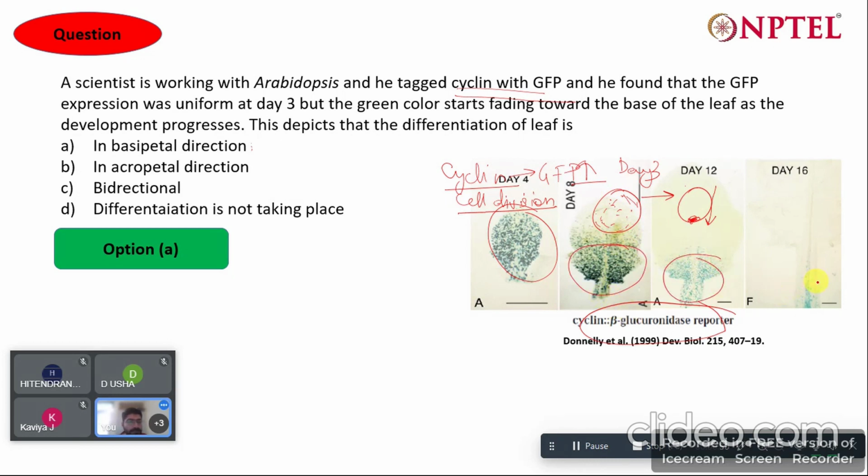And here it's very less, so the development is taking place in this direction, that is the basipetal direction. Okay, does anybody have any doubt in this question? If not, then we'll be moving to the next question.